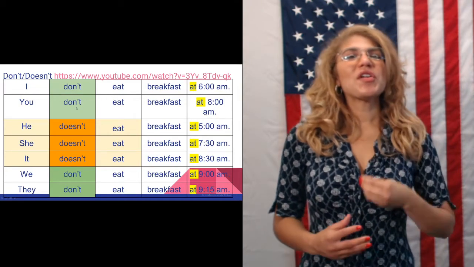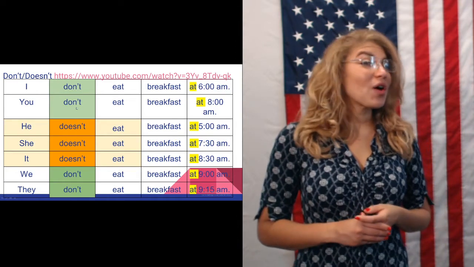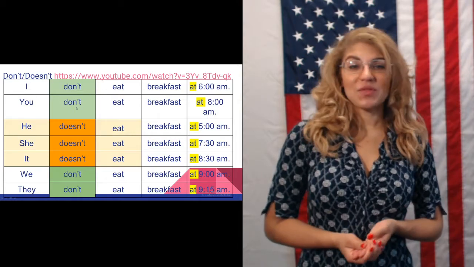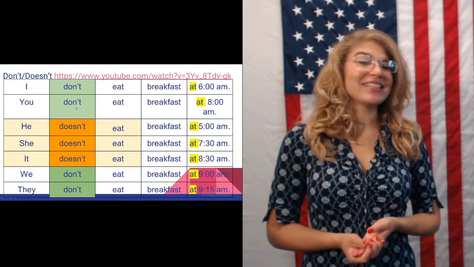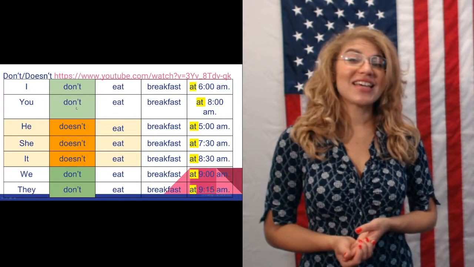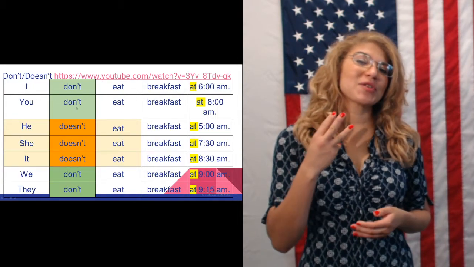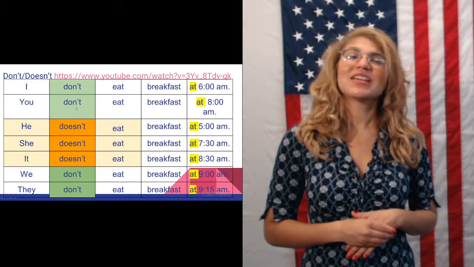For the third person singular, we will also change the auxiliary. So instead of don't, we say doesn't. Our auxiliary for the third person singular is the word doesn't.